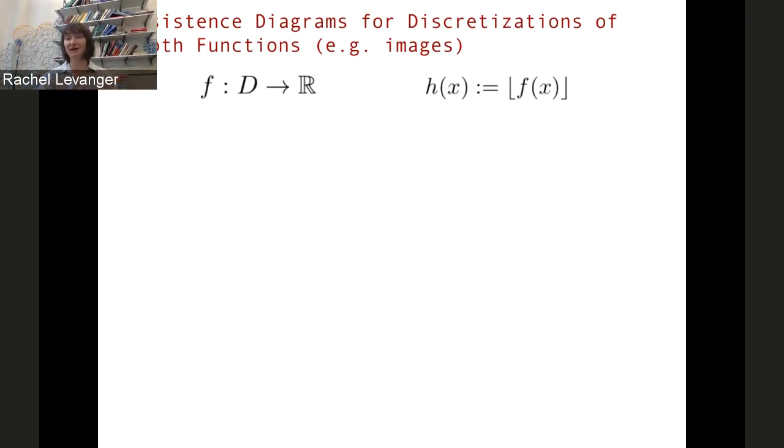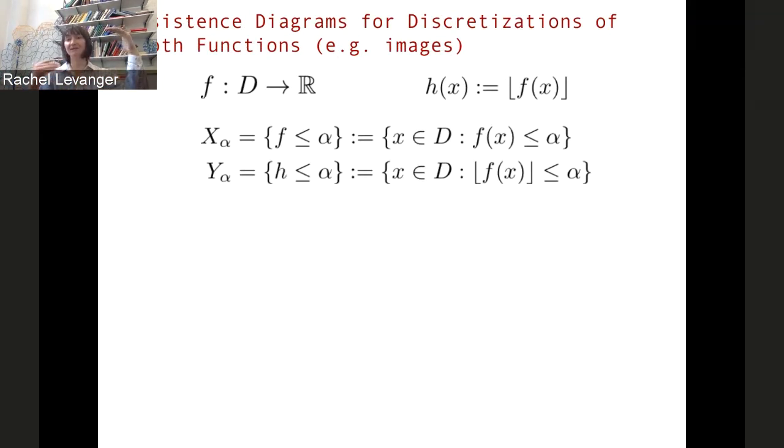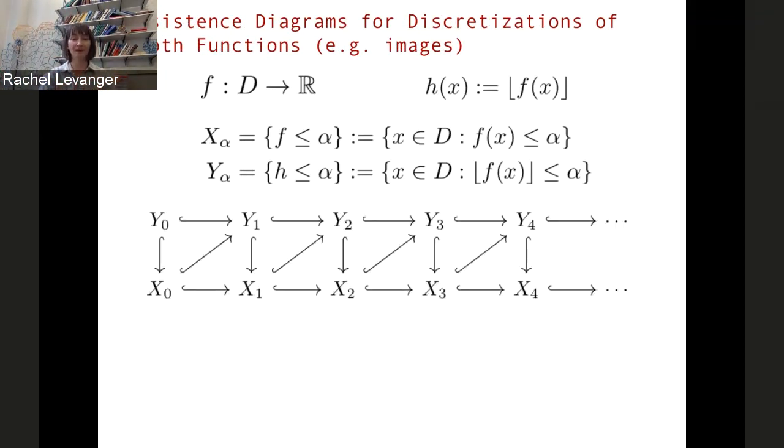So let's say we do that very cheaply, discretizing the range just by taking the floor function. Now we're going to have our sublevel set filtration of our domain from our actual function f, and then our approximation filtration coming from this discretized range, our approximation module, or filtration, Y.